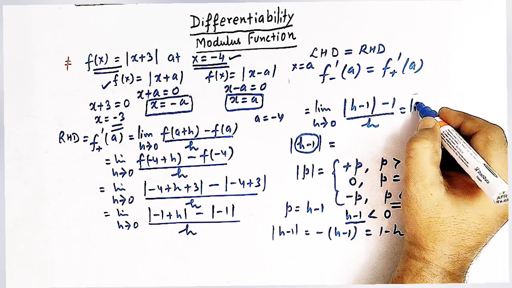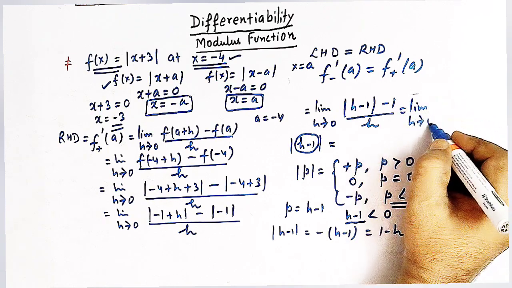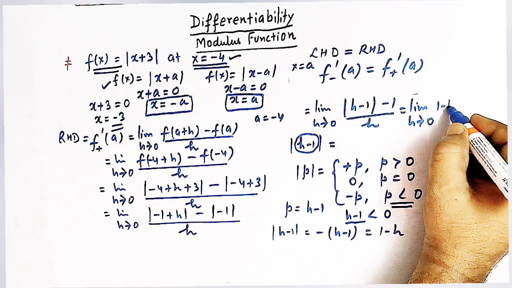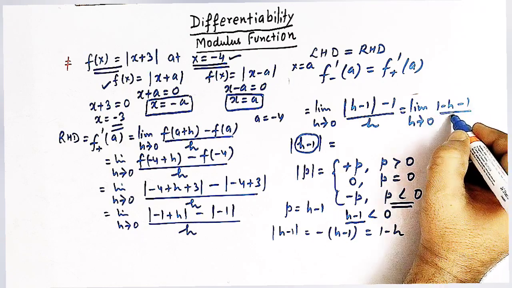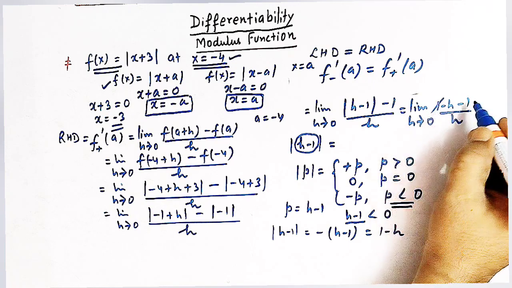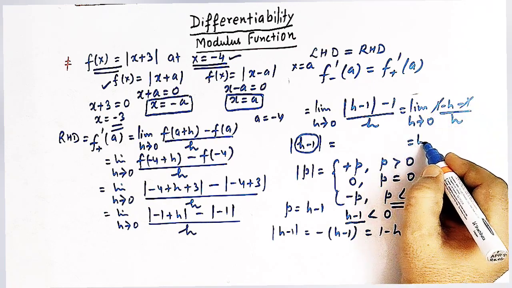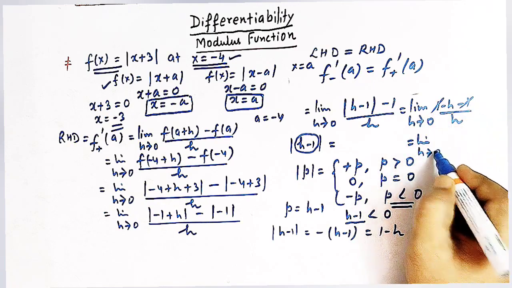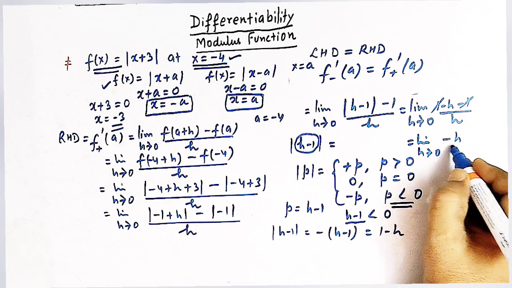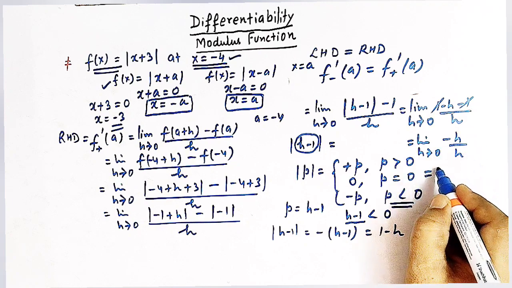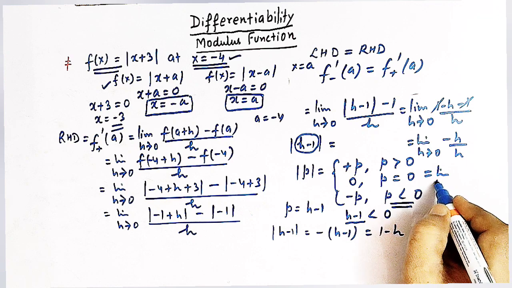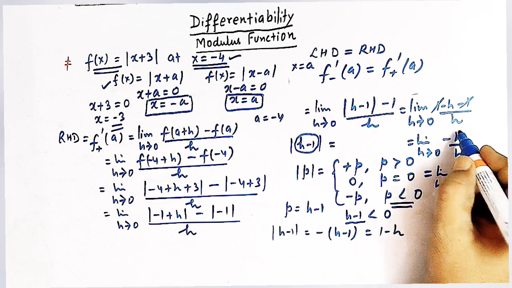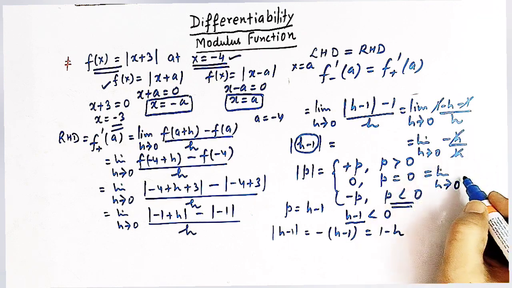So here we have limit h tends to 0, and here we have 1 minus h minus 1 over h. Now this one and this one get cancelled. We are left with limit h tends to 0 minus h over h. So this is the limit h tends to 0, and h get cancelled.